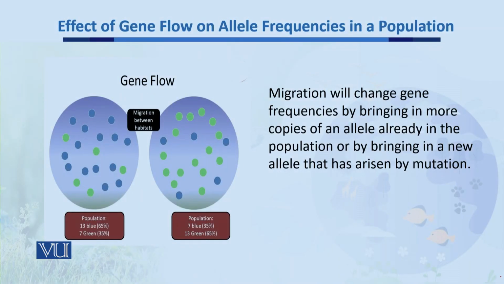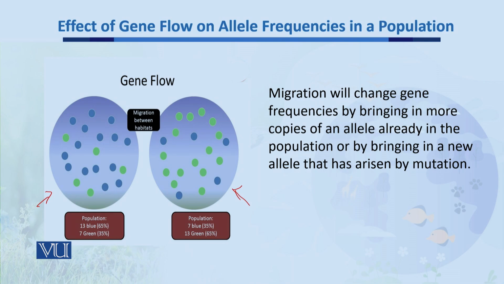Here is the example of gene flow. You can see in this diagram that this subset of population has 65% of the individuals with the blue characteristics, and only 35% with the green characteristics, while the other subset of population can have the totally opposite characteristics, where green is more as compared to the blue.